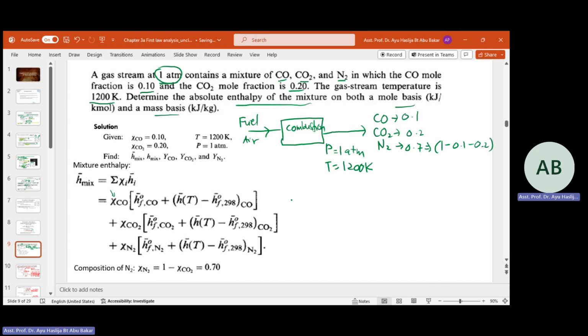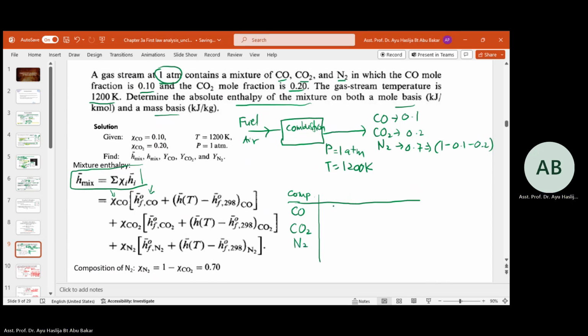Okay, follow me step by step. We know that this is the equation. We need to find the heat of formation for each component. Always make a table so that it is easy to check. What are the components that you want to find? CO, CO2, and N2. The info that you require: we need the HF.